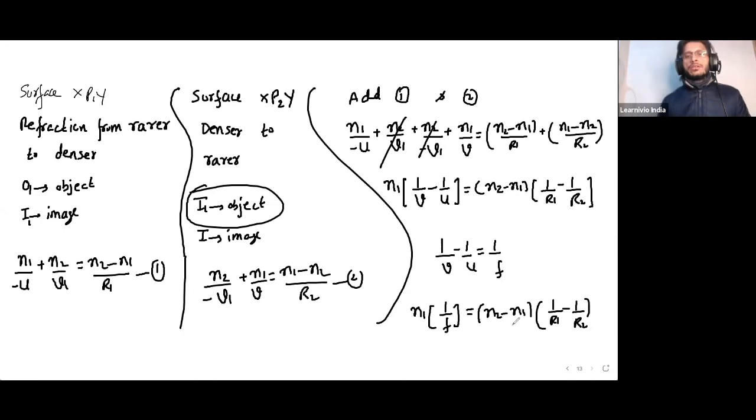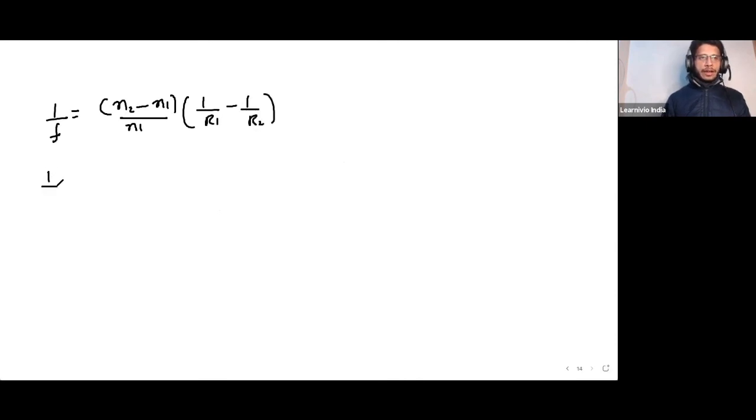Now you can divide the right hand side with this N1. So I'm left with 1 by F is N2 minus N1 divided by N1, into 1 by R1 minus 1 by R2.